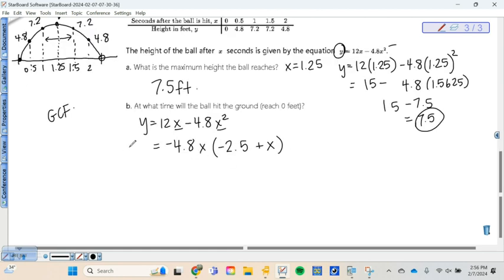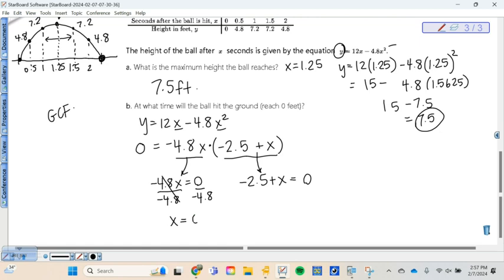Okay, and again, I want this to equal 0. I want the height to be 0 when it hits the ground. So if this times this equals 0, then this part equals 0 and this part equals 0. You can solve for 0 in this one by just dividing both sides.